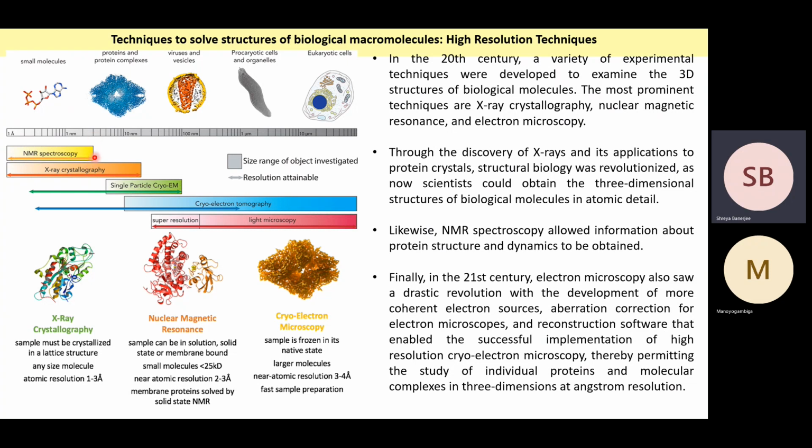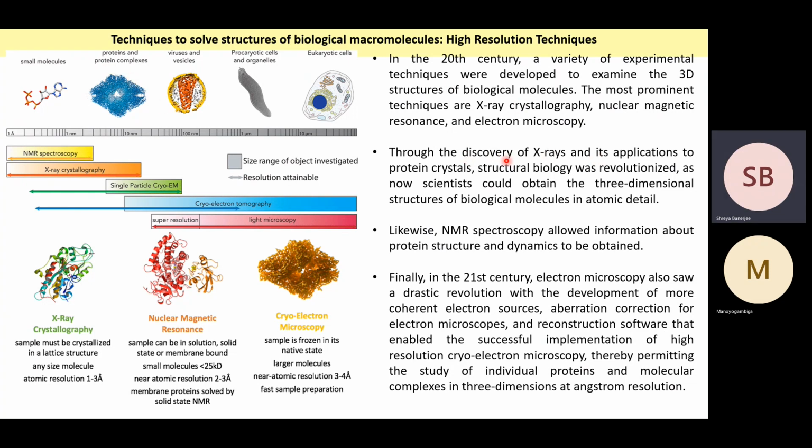NMR spectroscopy is ideal for detecting small molecules. X-ray crystallography can extend a bit and detect up to proteins and protein complexes. Single particle cryo-electron microscopy and cryo-electron tomography can detect anything from proteins up to cells. But as you can see, the resolution of the light microscope is not enough to study macromolecules.